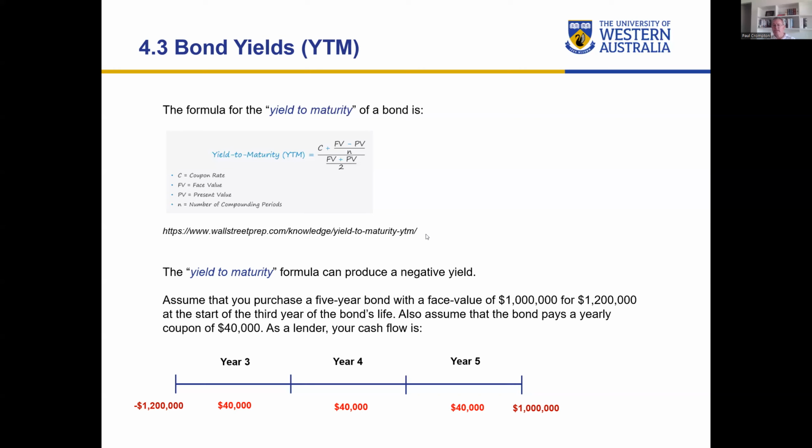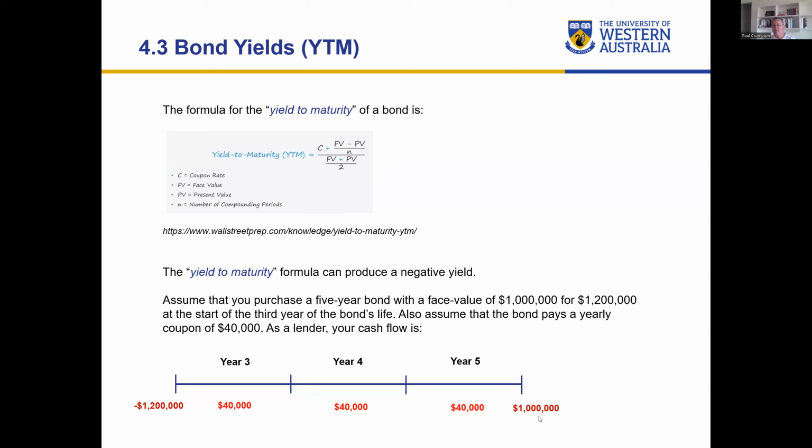Now, if we plugged all of these values into this formula, we could actually calculate the yield to maturity. But just looking at it, you should be able to see why this will give you a negative yield. So ignoring the complexities of this formula, you can see that what you've done over this 3-year period is you've purchased a bond for $1.2 million, and then what you've received back is 1 million plus 3 times 40,000.